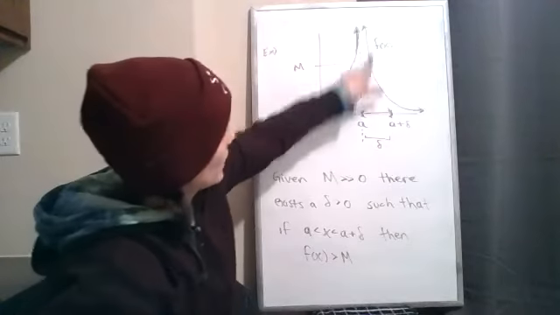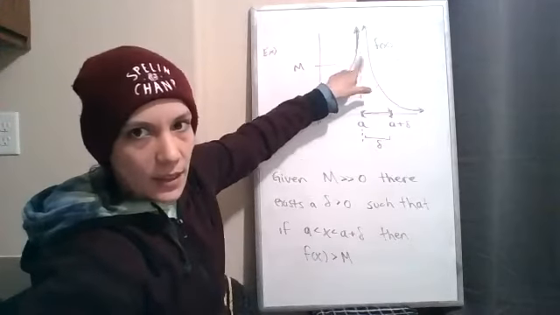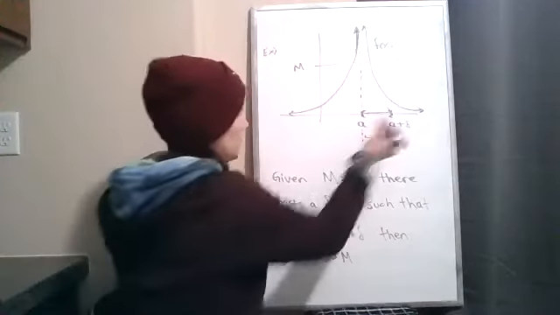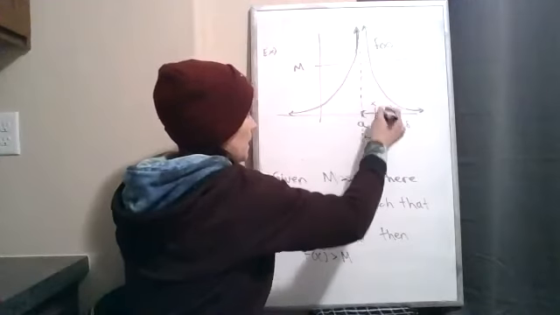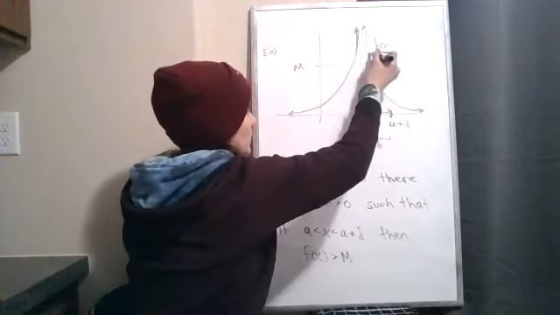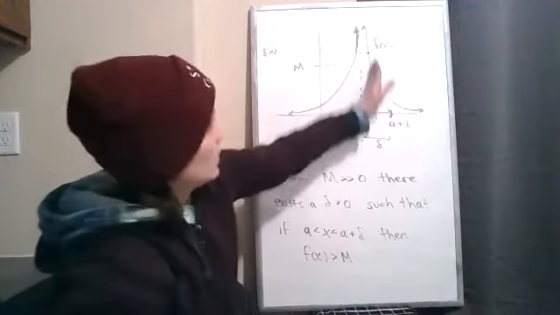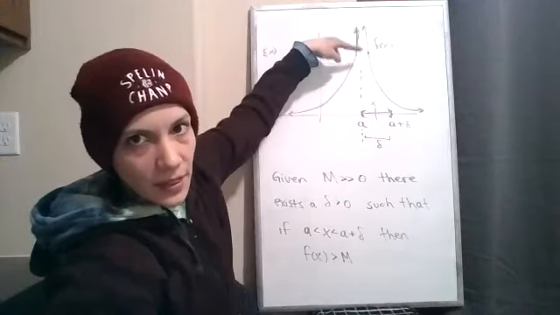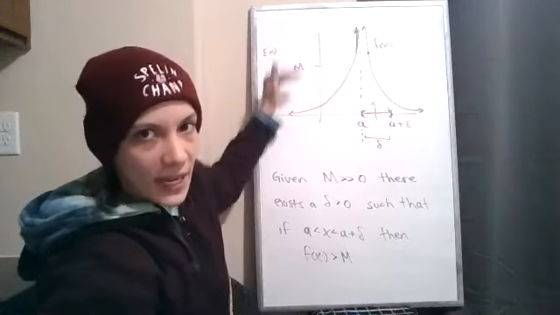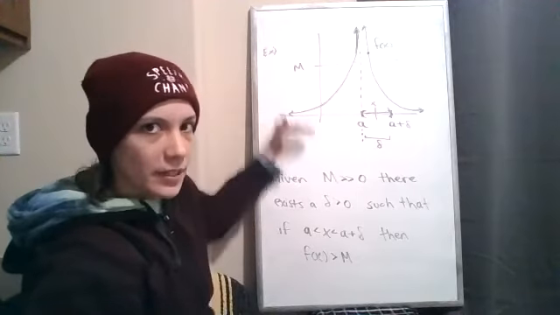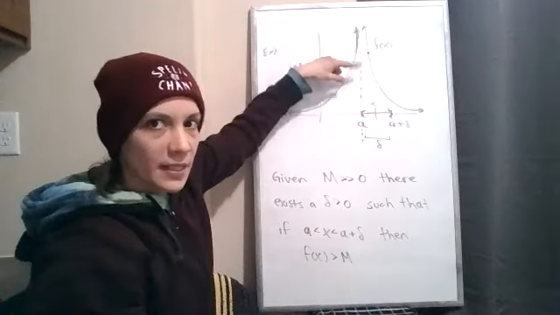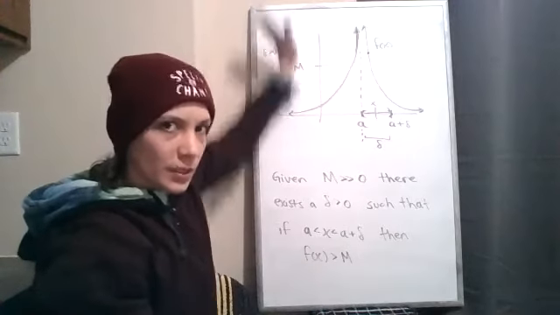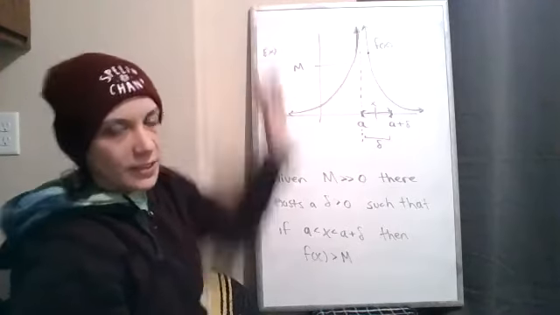So this output right here goes past that part right there. Let's say x is this guy. F of x would be here at some value greater than m. And that's for any m, so m can keep going up or down or anywhere it wants. You'll always have some f of x larger than that number. So it's always up to positive infinity.